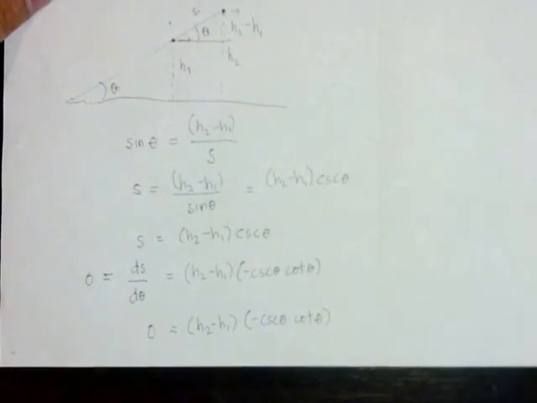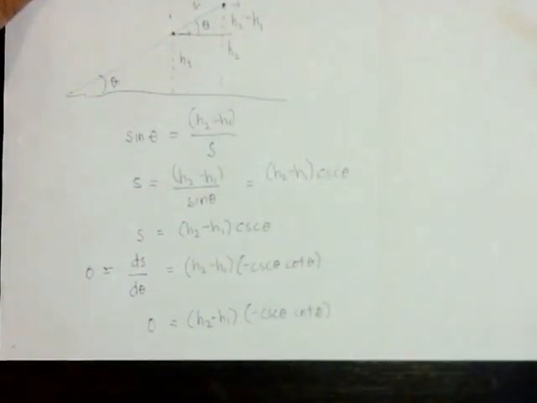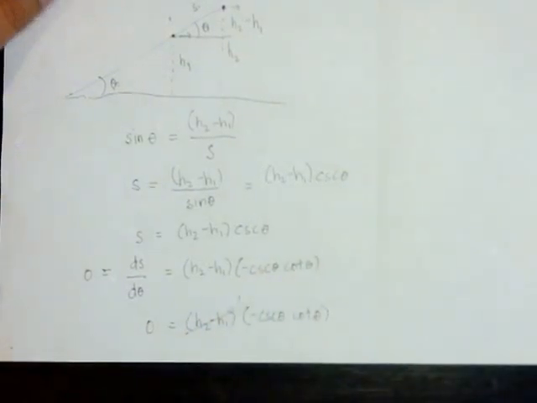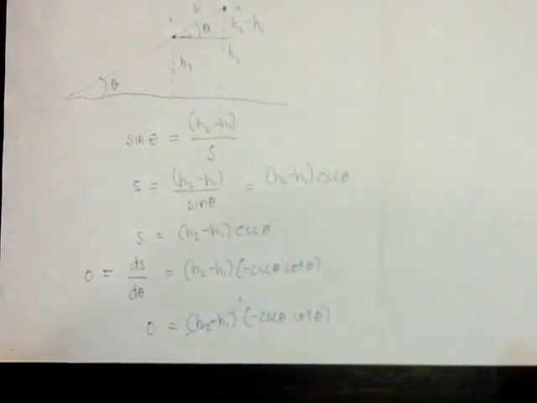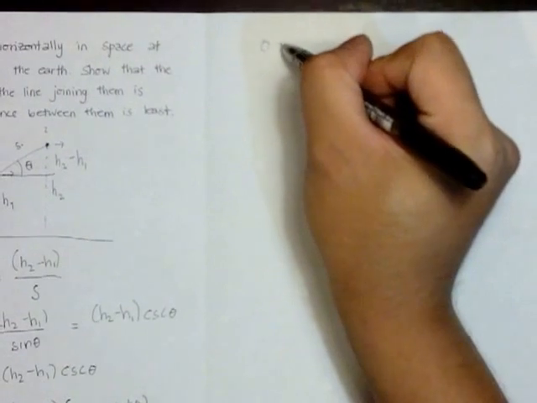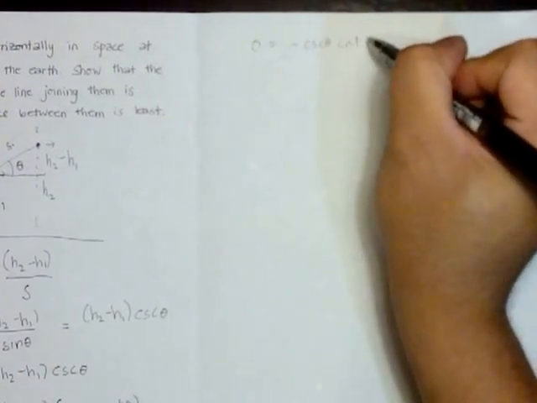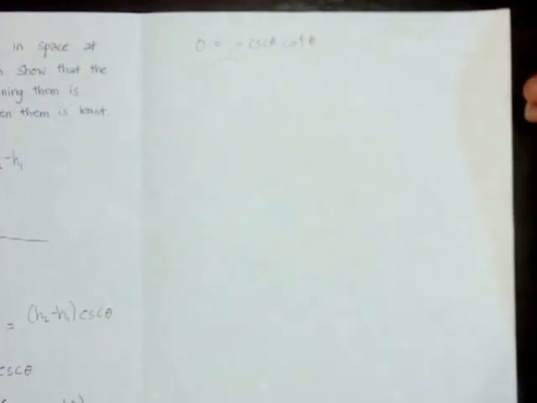If we divide both sides by h2 minus h1, it will just cancel and become 1. So we have 0 equal to negative cosecant theta cotangent theta. We're left with this equation.